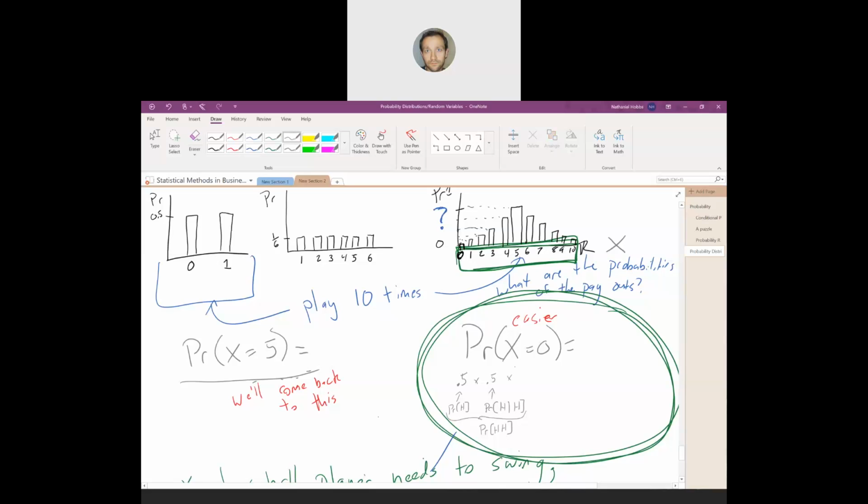So if the probability of getting a heads on one flip is half, and 2 straight heads on 2 flips is 1/4, then what's the probability that you get 3 heads? Times another 0.5, so 0.125.